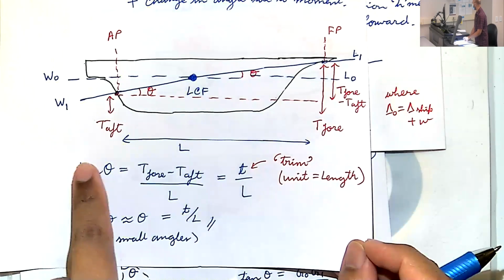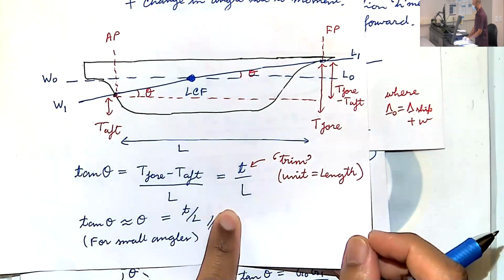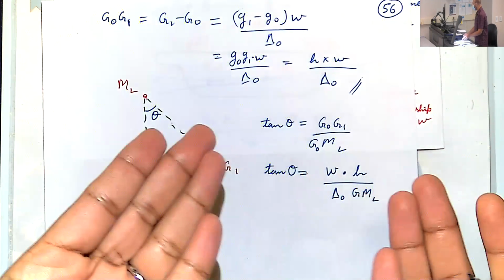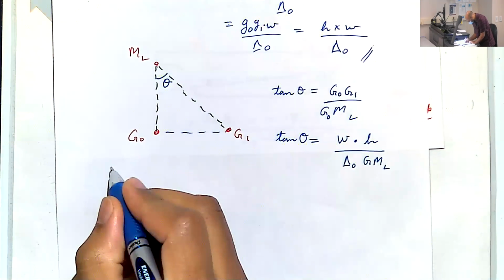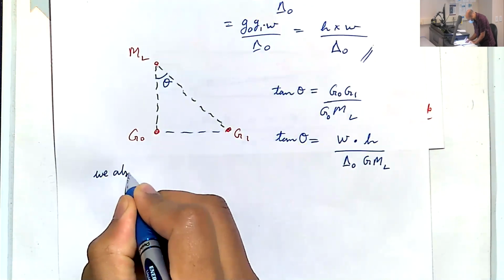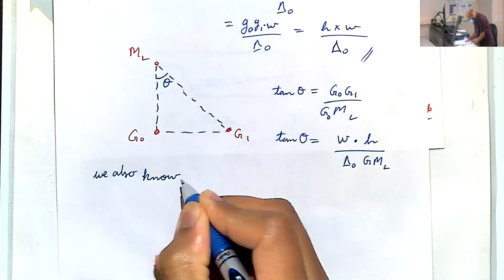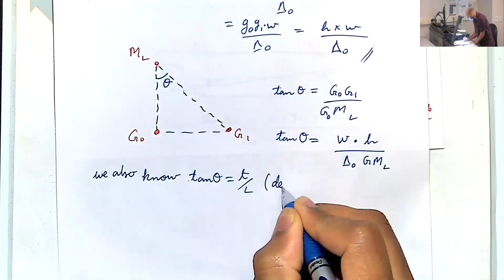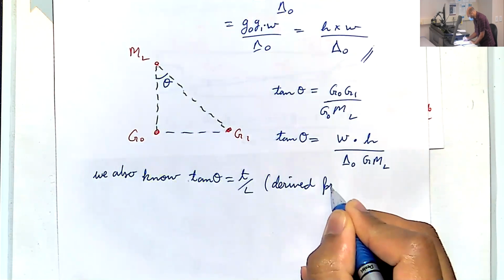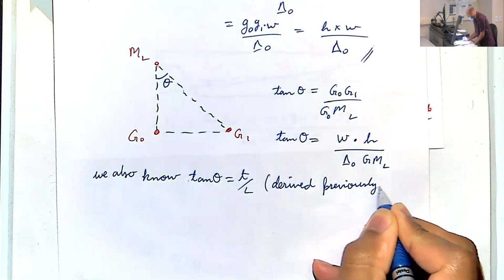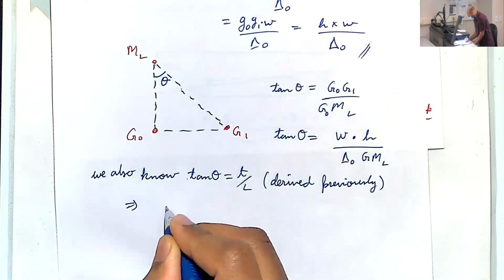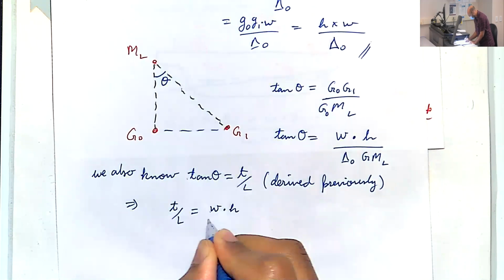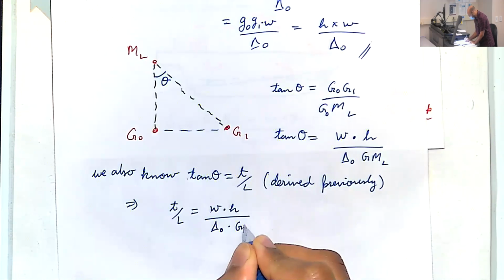We said tan theta is equal to little t over capital L. And now we have another expression for tan theta, so we'll just equate the two. Tan theta is little t over L, which we derived previously. Equating the two, we get t over L is W times h over delta 0 times GM longitudinal.